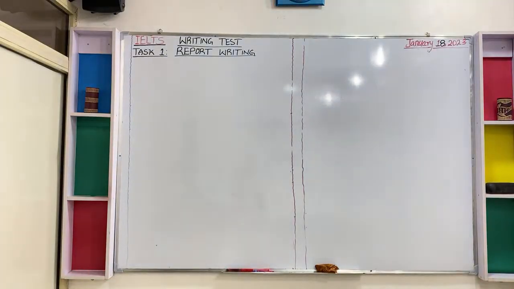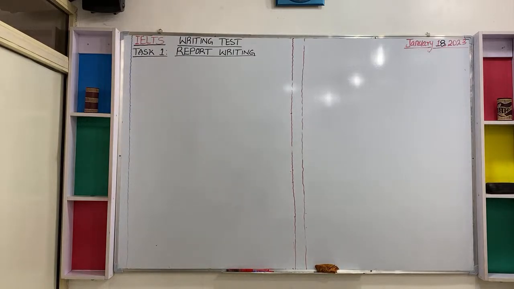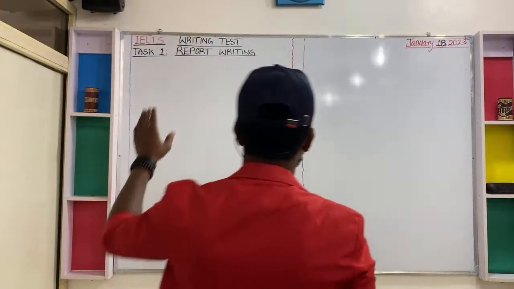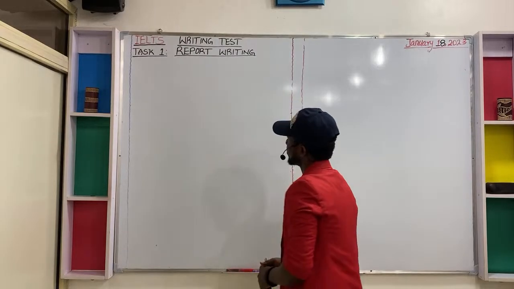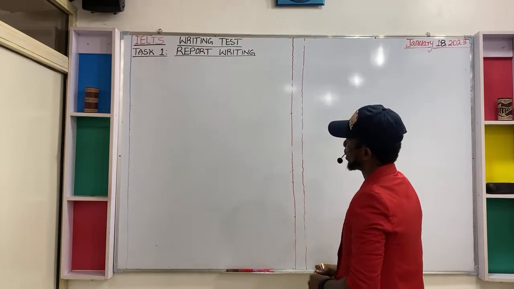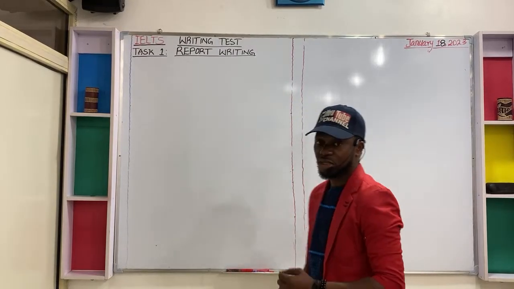All right, so let's begin. We are looking at report writing. Report writing here is meant for people who are applying to study abroad. So if you are looking to study abroad, this is for you. Now, report writing is meant to last for 20 minutes.